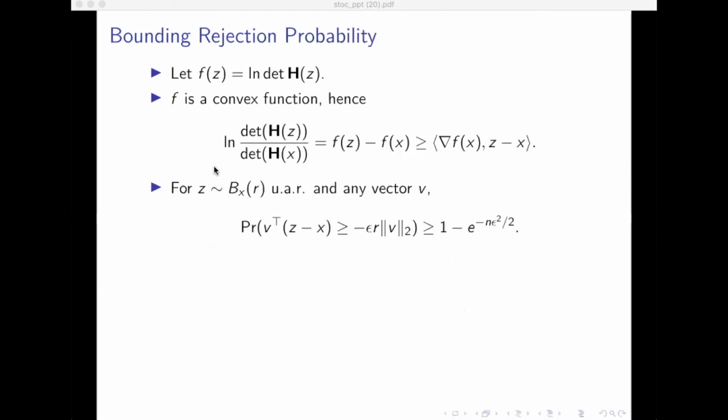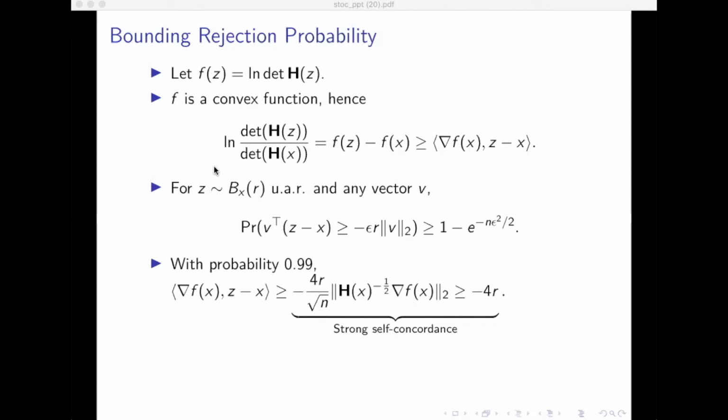For a point z sampled uniformly at random from a ball of radius r around x, and for any vector v, using this concentration bound, with probability at least 0.99, the gradient at x transpose times z minus x is greater than or equal to minus 4r divided by square root n times the 2 norm of gradient transpose hx to the power minus 1/2, which is greater than minus 4r.